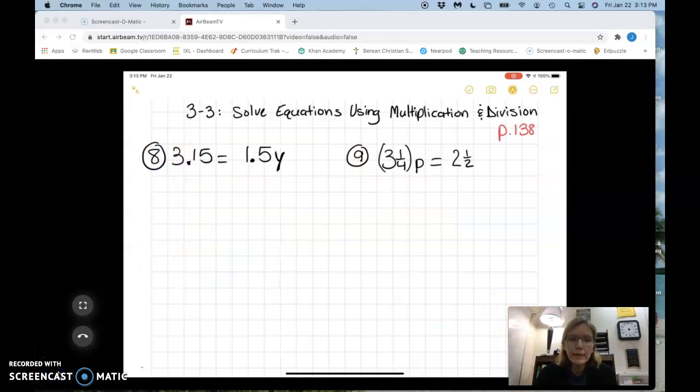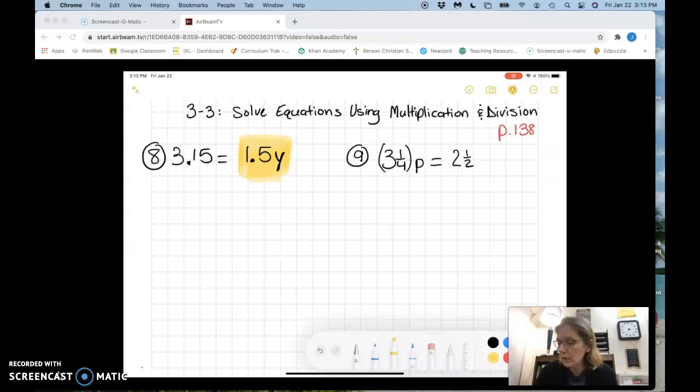Okay, last two examples. So you always want to look at what's happening with the variable. This time the variable's on the other side of the equation. It doesn't matter where it's at. Find the variable and do the opposite of whatever's happening. So I see two things written next to each other, which means multiply. The opposite of that is divide.